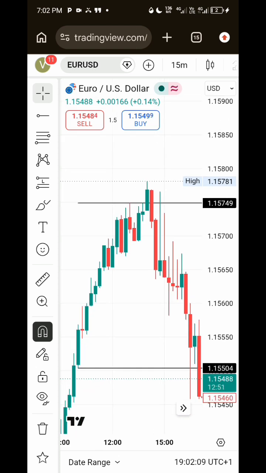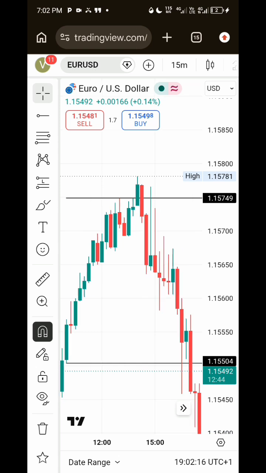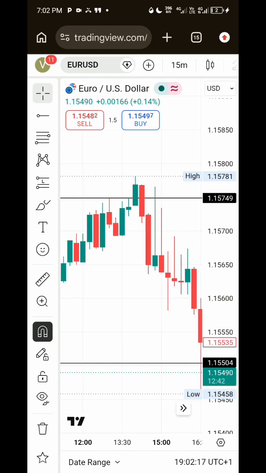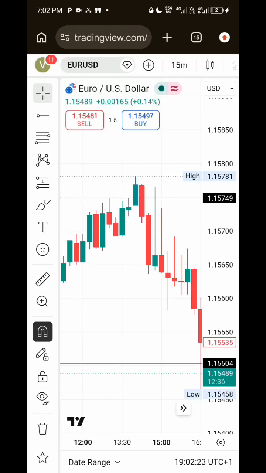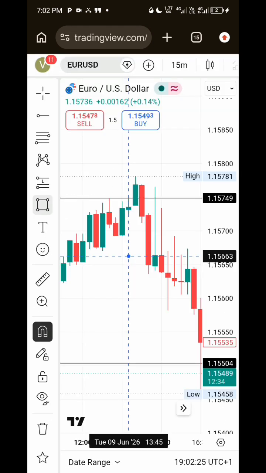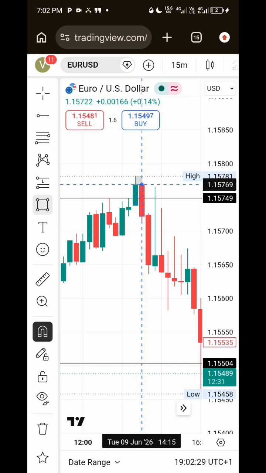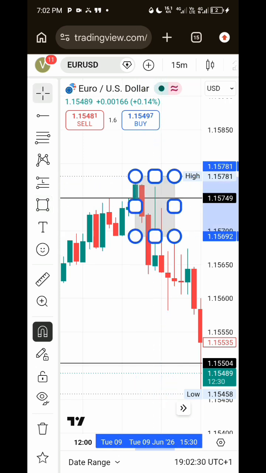As the market broke below it, I had already traded. I traded on this retest, and I'll show you the trades. I marked it out on my MetaTrader 5, not on TradingView, because my network was glitching at the moment. So I marked it out like this.